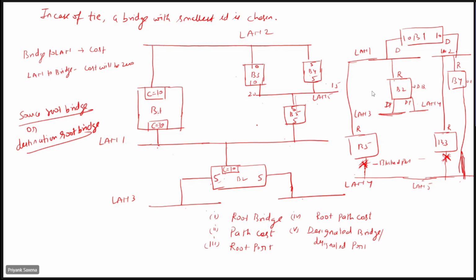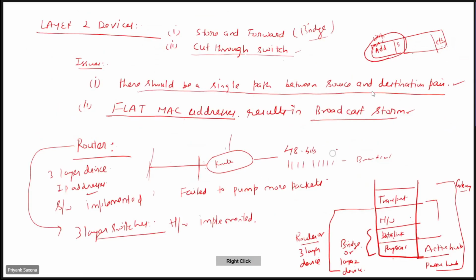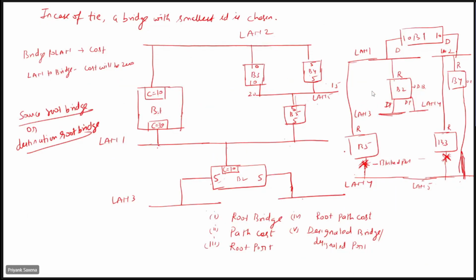So this bridge port can be blocked. LAN 1, so this port can be blocked. Either you can show that this port is blocked, or you can show that this port is blocked. Okay, so that the movement will not be there, so there will not be any closed loop.